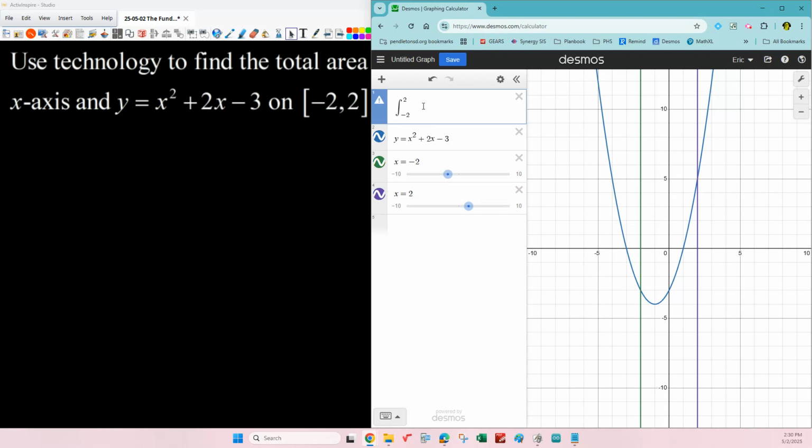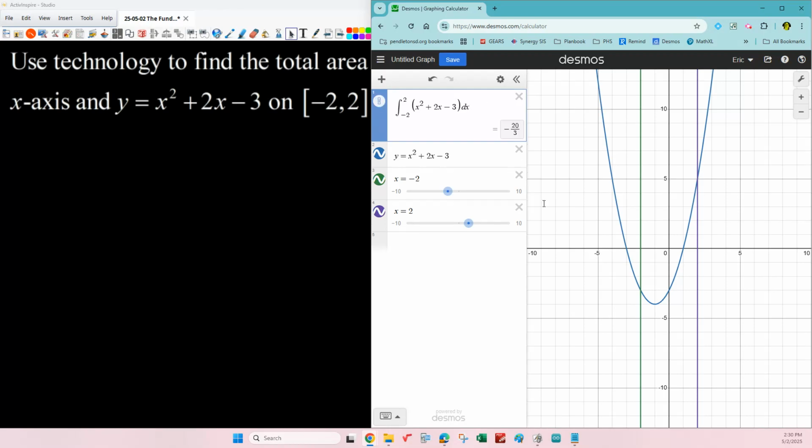If I just calculate the integral of x squared plus 2x minus 3, I get that. There's some cancellation there though, right? What if they wanted us to calculate total area?